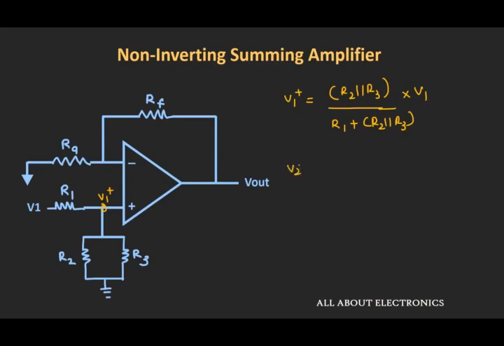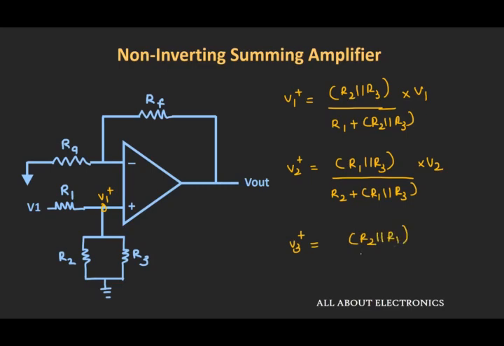Likewise, we can have a voltage V2 plus that is equal to R1 parallel R3 divided by R2 plus R1 parallel R3 times this voltage V2. This is the expression when the voltage source V2 is acting alone. Likewise, we can have a V3 plus that is equal to R2 parallel R1 divided by R3 plus R2 parallel R1 times this voltage V3.